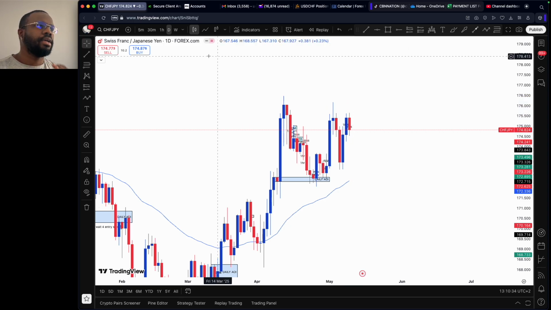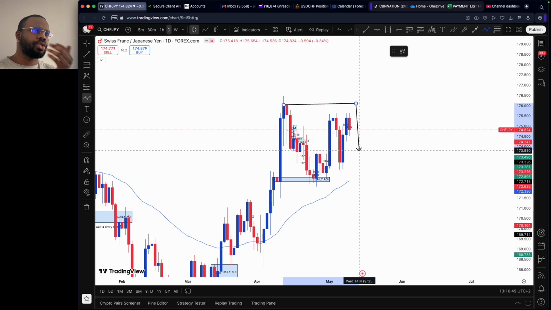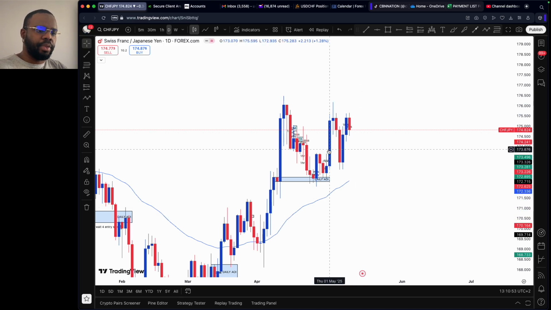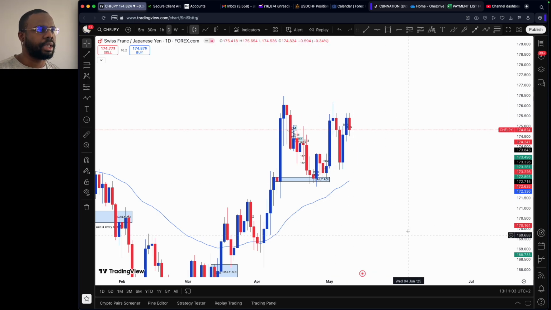I'll be very cautious of what price does, because price can decide not to make a new higher high, and instead retest this zone and retrace to the downside. So while I am still looking to buy the market, I'll be very careful to see if this market is not willing to make a new higher high, rather tanking to the downside.